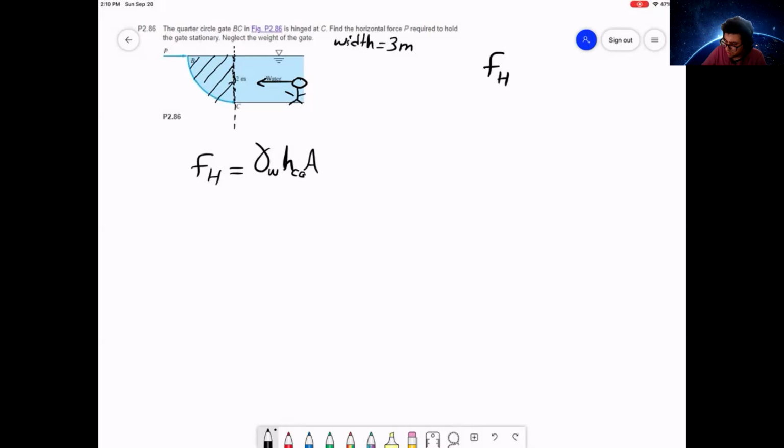So how would you calculate this? How would you find the horizontal hydrostatic force? We know water, gamma, it's 9790, right? 9790, yes. That's how I like to remember it. 9790 newtons per meter cubed times hcg, which is 1.